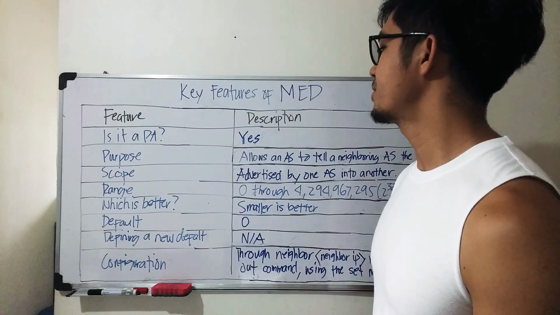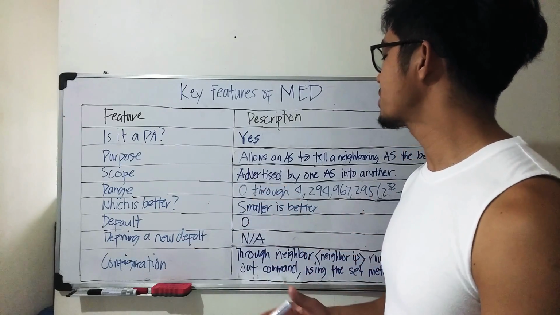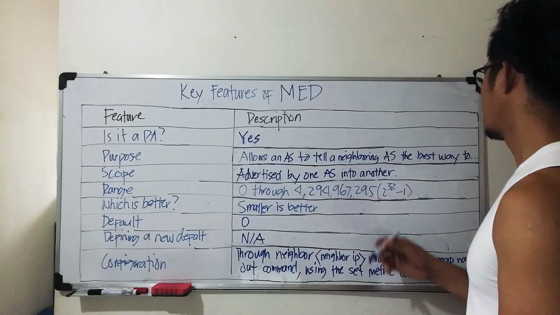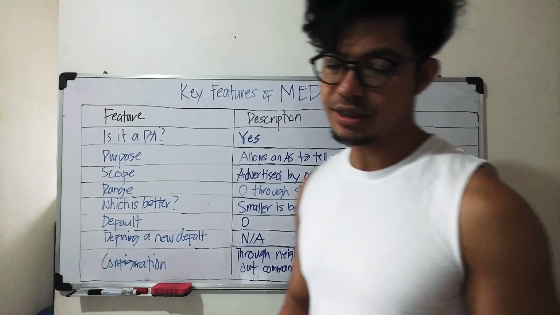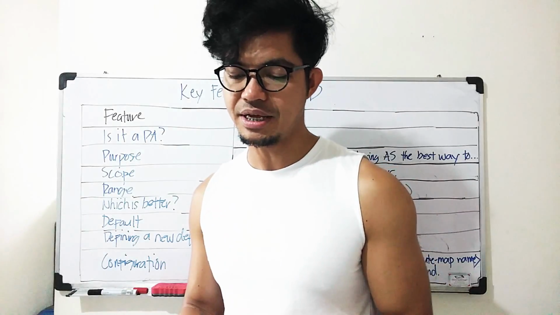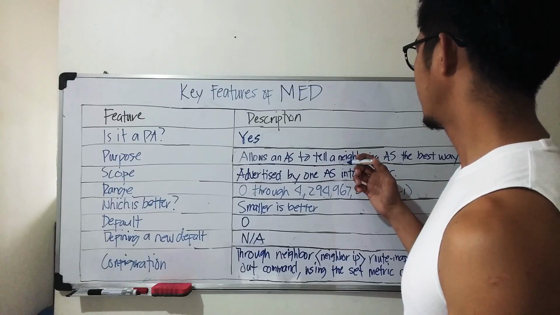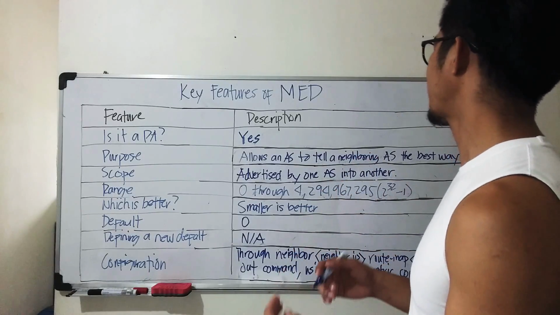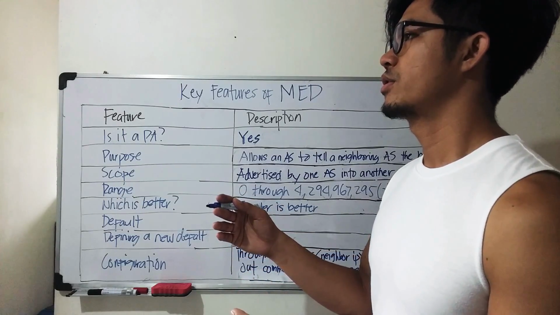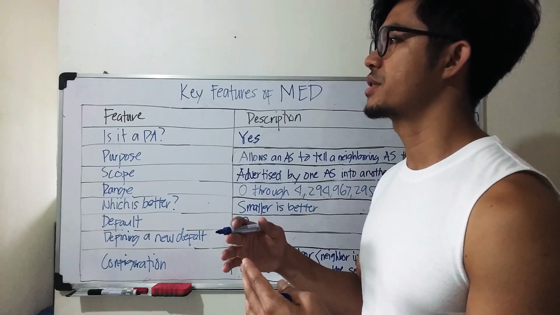The second is purpose. It allows an AS to tell a neighboring AS the best way to forward packets coming into its AS.